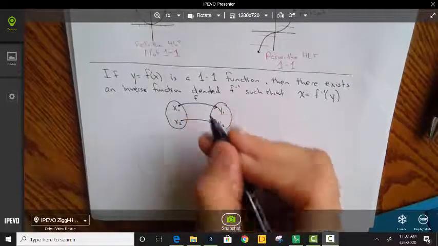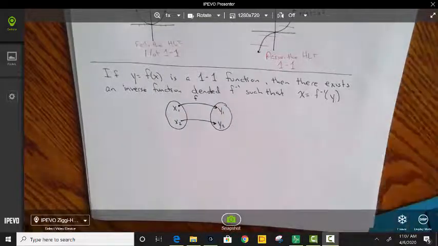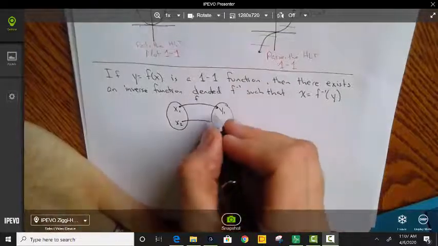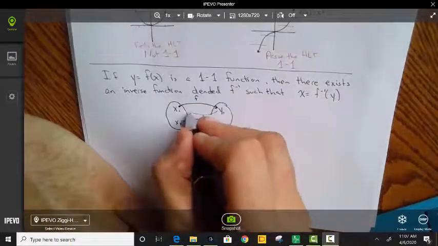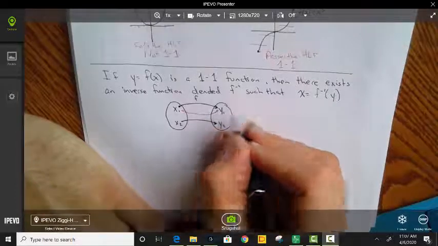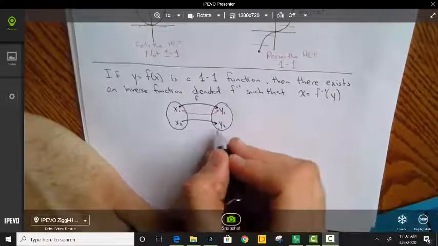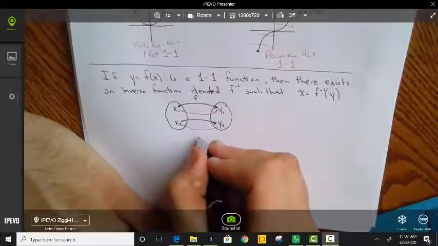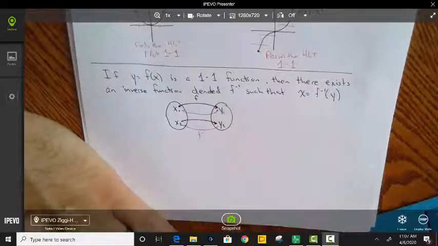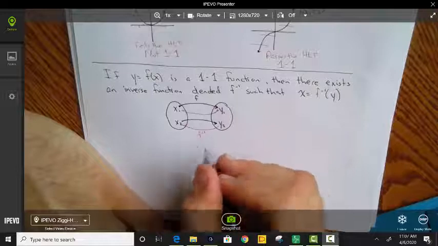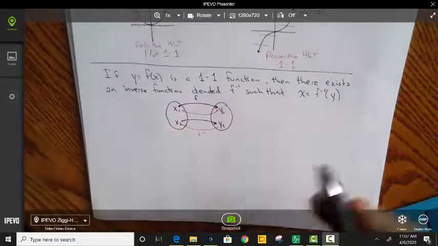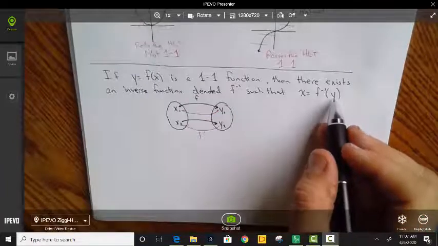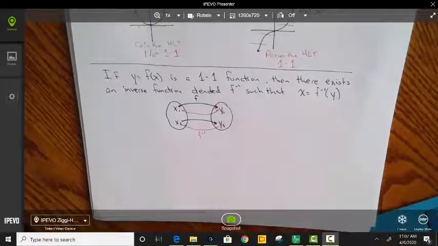This is indeed a function, and since it is a one-to-one function, what that means is there has to exist an inverse function that takes the y values and sends it back to the x value, and this is called the inverse function. The original function says, give me the input, I will tell you the output. And the inverse function says, if you tell me the output, I can tell you the input that it came from.